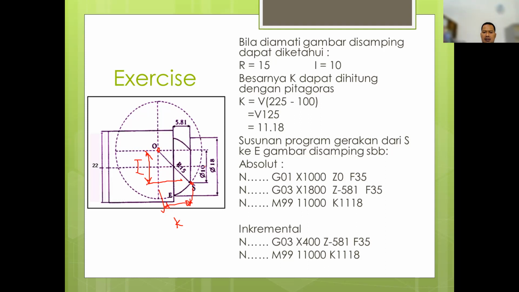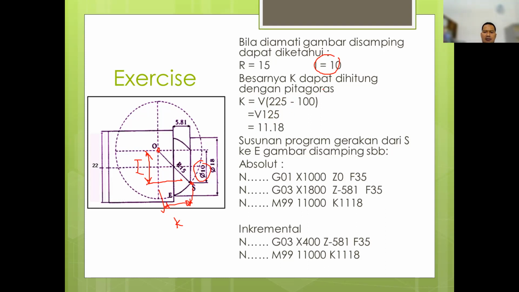If we see here, this is the 10, this is the distance with the center point. So the I is 10. And then the K here, you can calculate the vertical distance. Okay. And then we found 11.18.